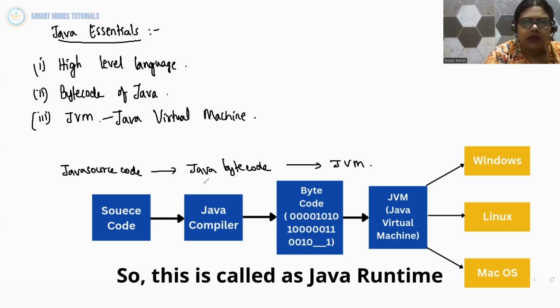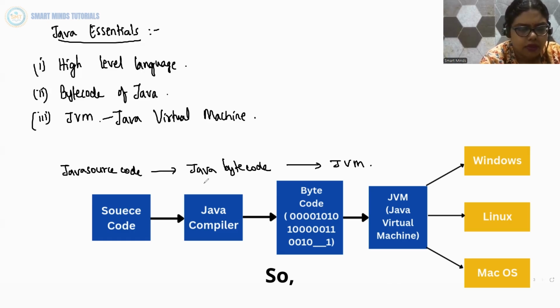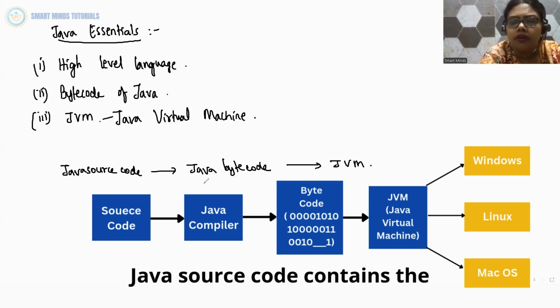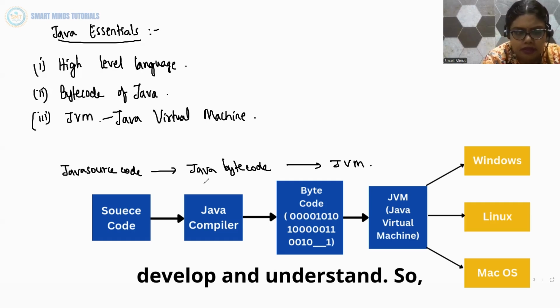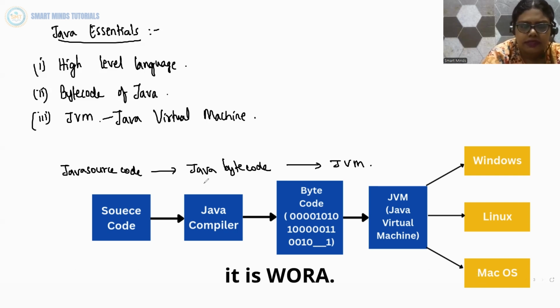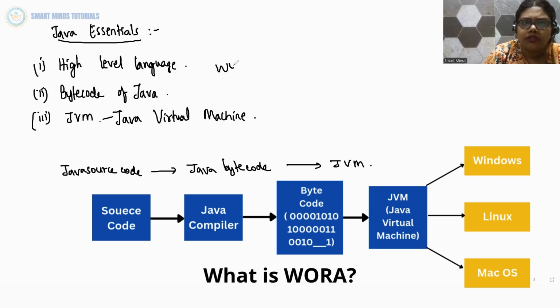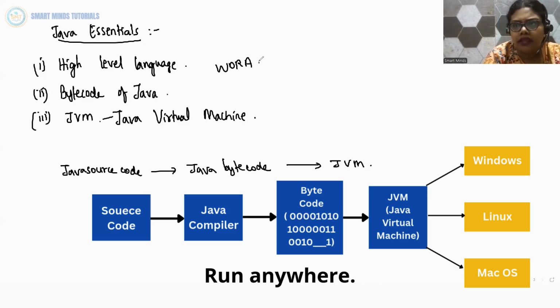So this is called Java runtime development. Java source code contains the simple code that is easy to develop and understand. So the bytecode can be run on any platform. Therefore, it is WORA. What is WORA? Write once, run anywhere.